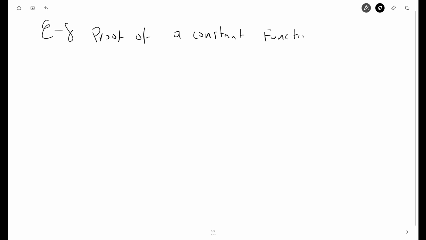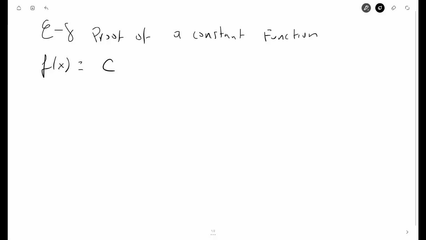In this video I'm gonna show you an epsilon delta proof for the limit of a constant function. So f of x is equal to c, a constant.